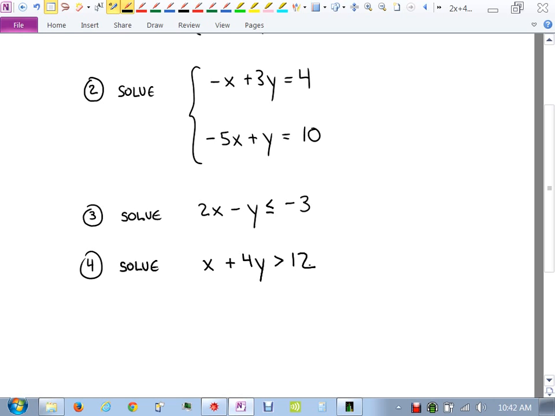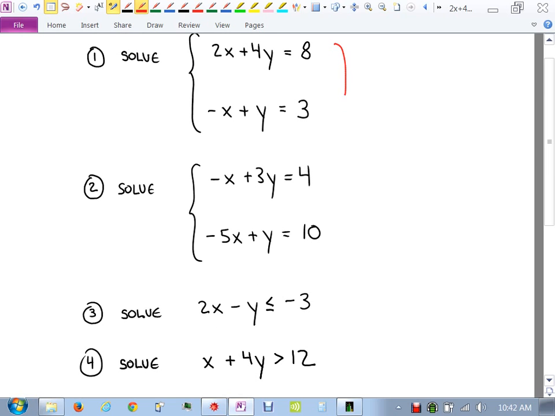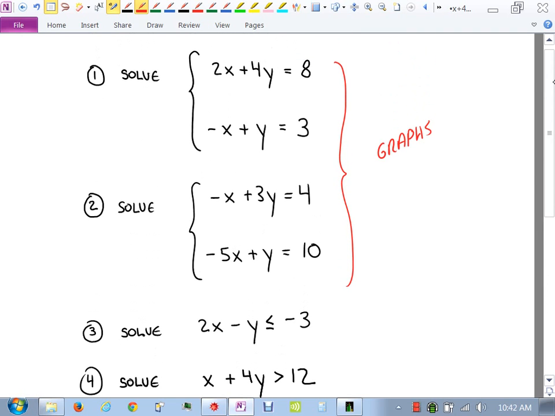Now, I'll just give you some instructions on these. On numbers 1 and 2, you should have graphs. Okay, look, on 1 and 2, these are lines, right? Because look at their equals, equals. Those are systems of linear equations.